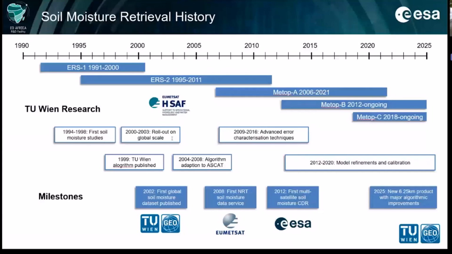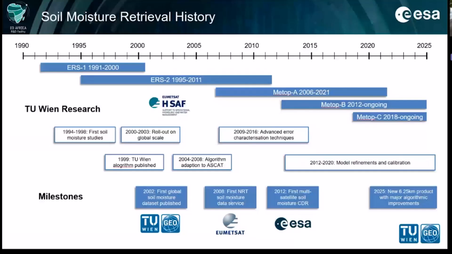We were quite happy with the results, and first users came in to check the quality of the data. At some point, EUMETSAT decided to make the product operational. So we basically took the algorithm from the Advanced Scatterometer, adapted it to ASCAT, and from then on, this service was running.